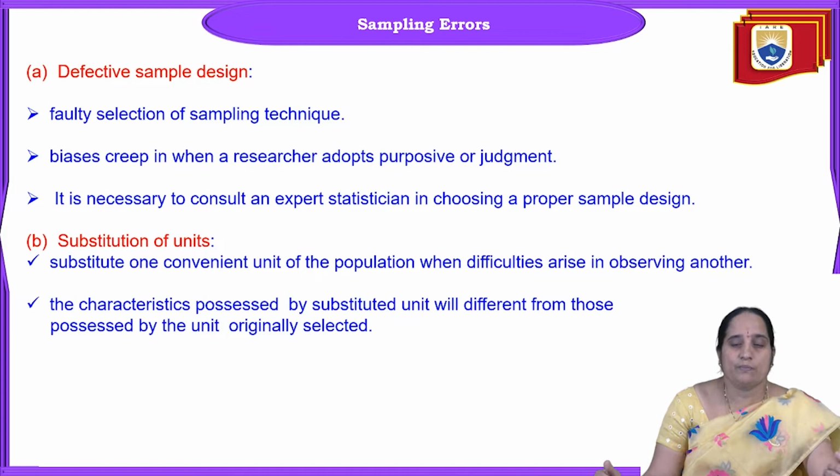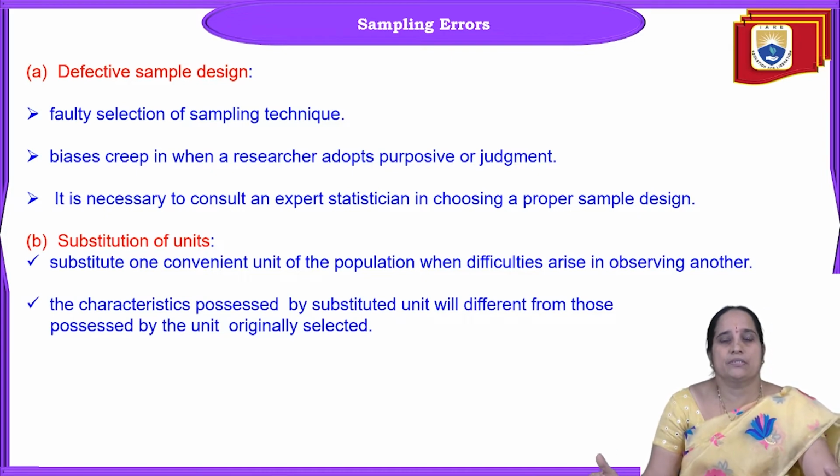The second one is substitution of units. This is another reason that creates sampling errors in the study. Substitution of units means that sometimes, instead of one sample, we go with another sample. Why does it happen? It depends upon the convenience of the investigator.